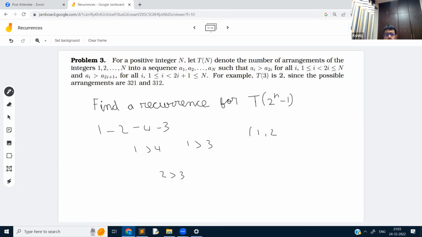Basically, we have to check for pairs of the form i comma 2i and i comma 2i plus 1. So 1, 2, 1, 3, and 2, 4.